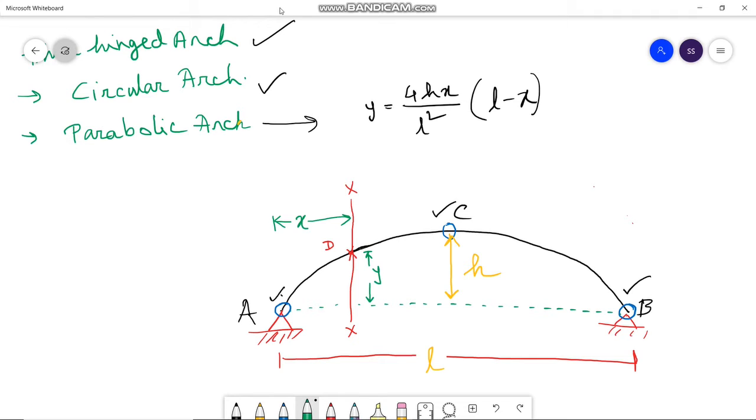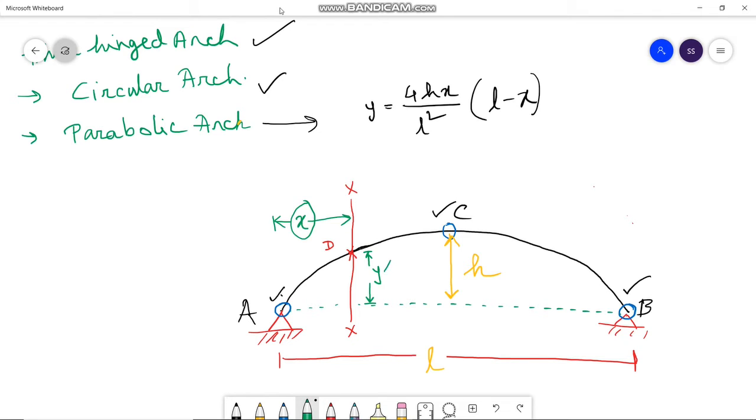So y is the height of the point D from the support level, and small x is the distance of the section XX, which goes through the point D, from the left hand support A.